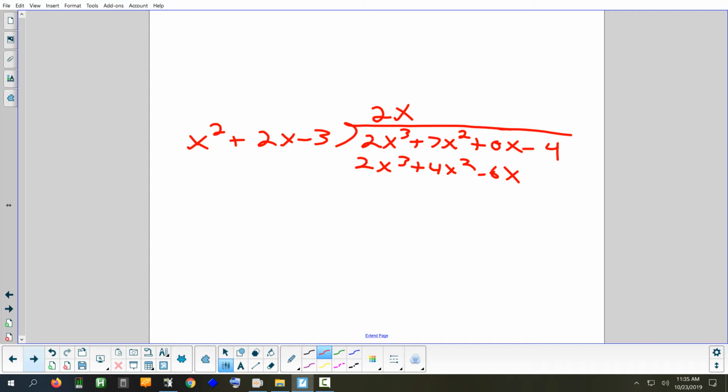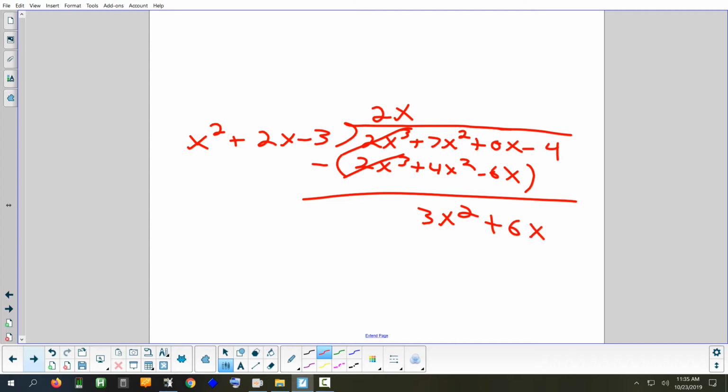And what do we do with all that? Subtract. That's gone. 7x squared minus 4x squared. 0x minus 6x, plus 6x. And you can bring down the -4, but it doesn't even matter. We're basically done at this step.